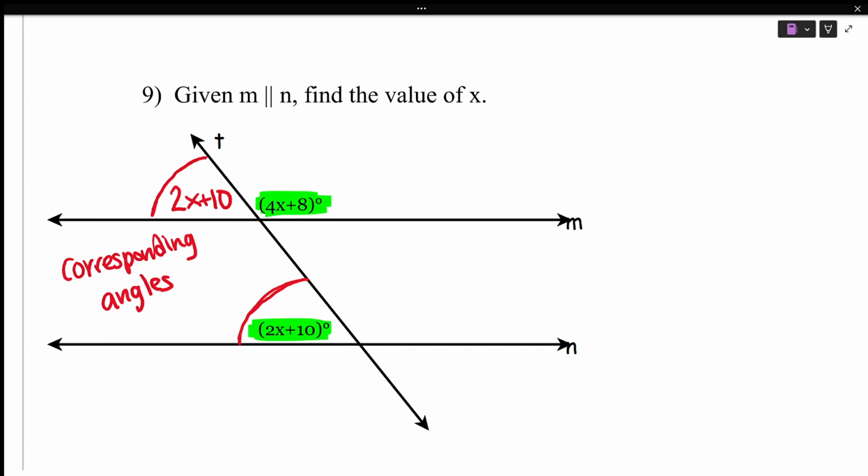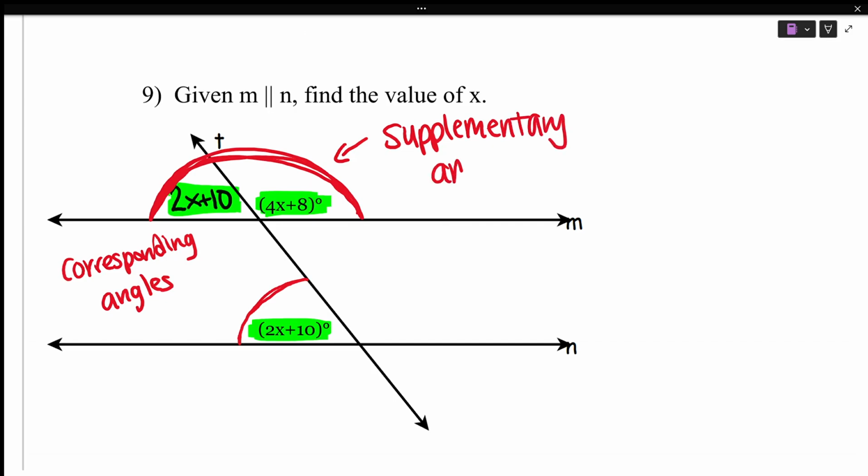Okay? And now these two angles have a relationship. These two right here, next to each other, we've been using this a lot. These two angles are supplementary. So now we could set up our equation to solve for x here.